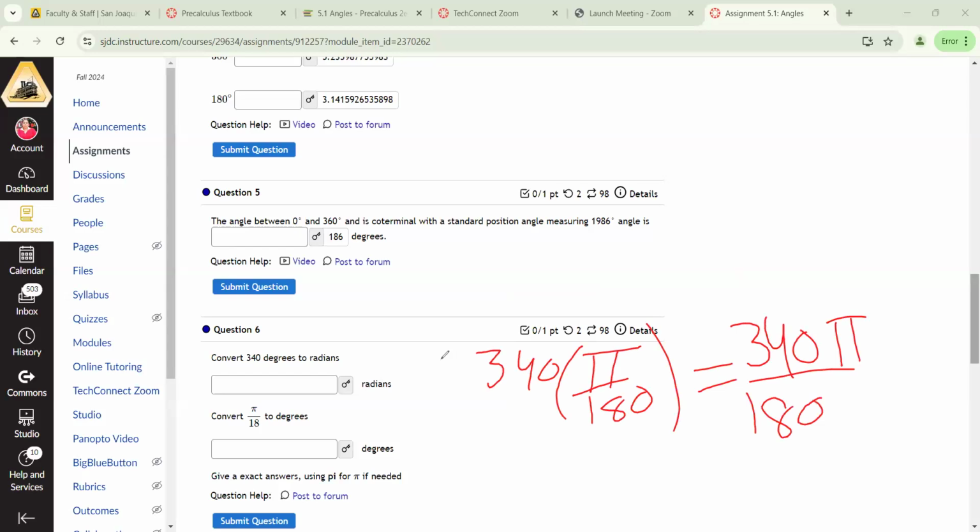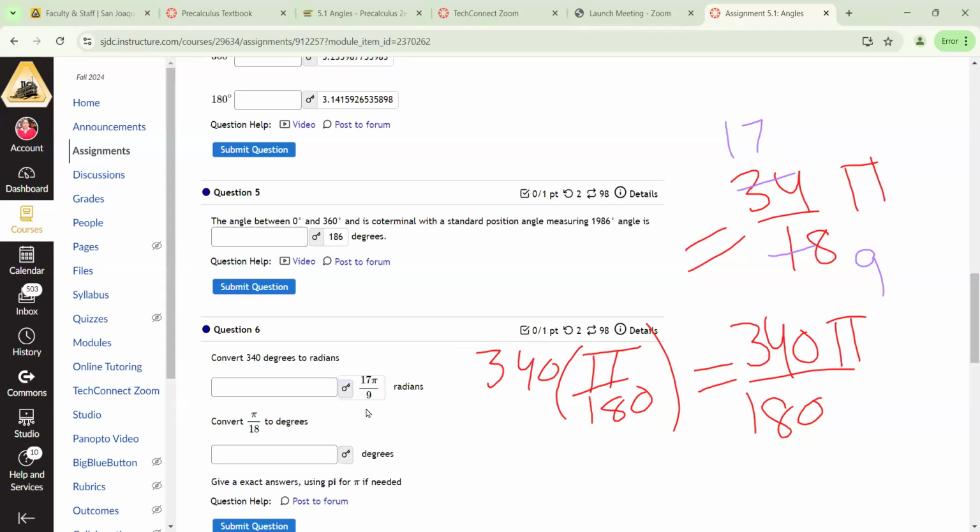Now try to reduce this, 340 over 18. You will have 34 over 18 pi. They both are divisible by 2. So I will divide 34 by 2, which is 17, and 18 by 2, which is 9. So 17 over 9 pi radians, or you can also write it in decimals. 17 pi over 9 radians for this one.